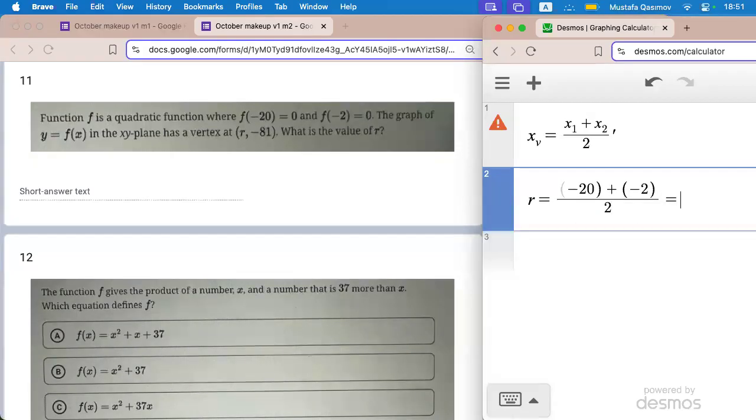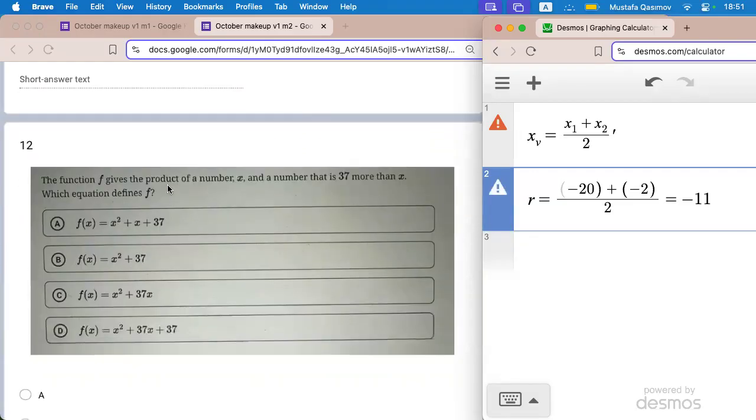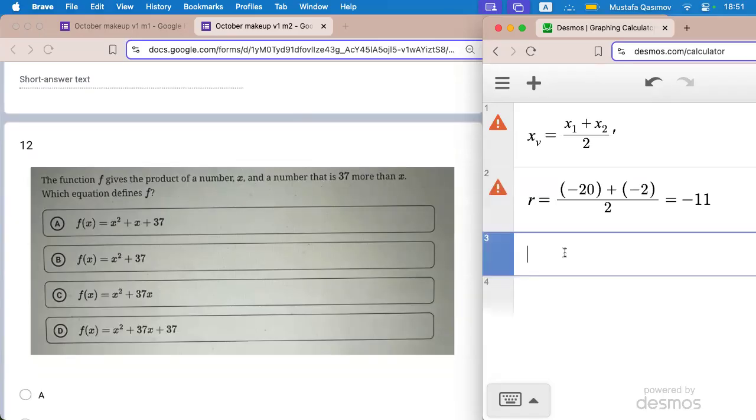And it is equal to negative 11. Product of x and 37 more than x. It means x and 37 more than x, like that, is equal to x squared plus 37x.